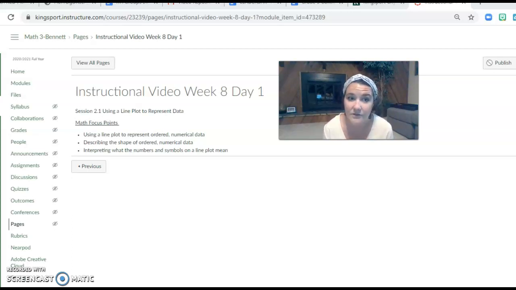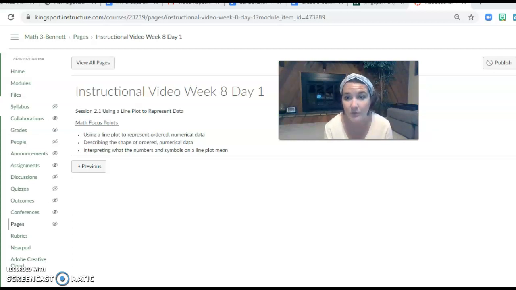Our second math focus point is describing the shape of ordered numerical data. So looking at the shape once we have our data represented in the line plot and looking at where we have the most data, the least data, and how the data is shaped. We're also going to be continuing to work on interpreting what the numbers and symbols on a line plot mean.